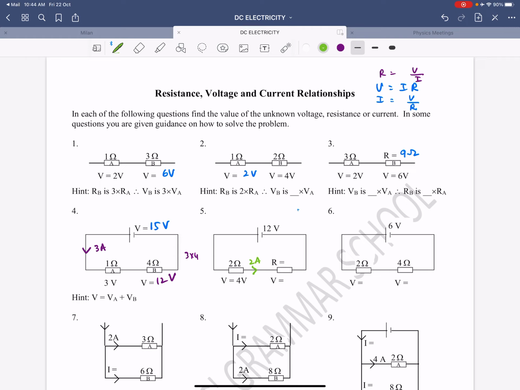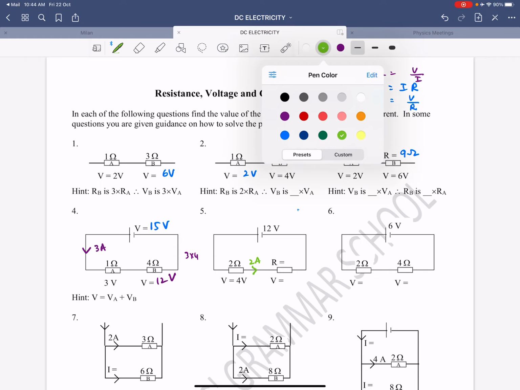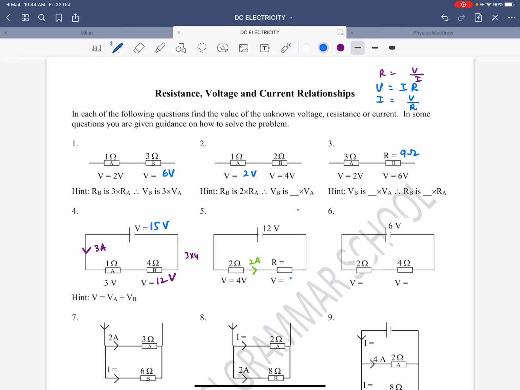And if this is 12 volts, 12 minus 4 is 8 volts. So if you know voltage and current, you get 8 divided by 2, which is 4 ohms. Okay, and then this one is 6 volts. Okay, and there's your resistance.